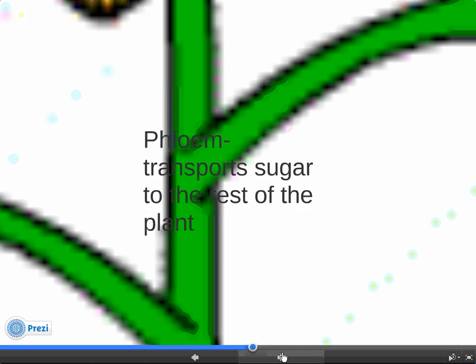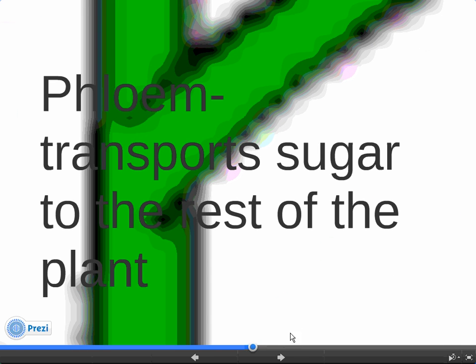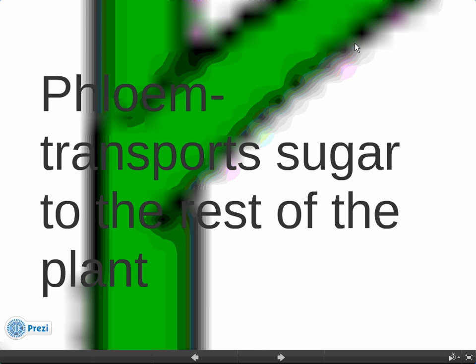So the other vascular tissue called phloem takes that sugar and transports it around to the rest of the plant. So the sugar originates in the leaves and then it goes around to the rest of the plant through the phloem, which is another type of vascular tissue.